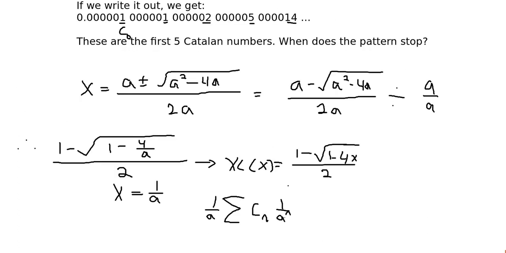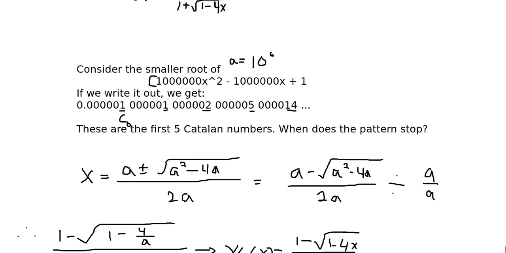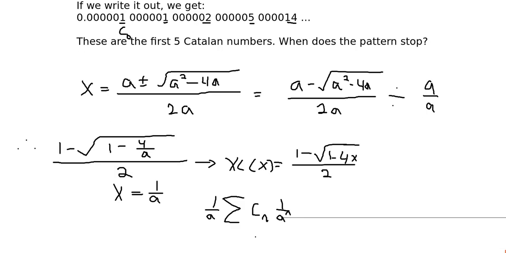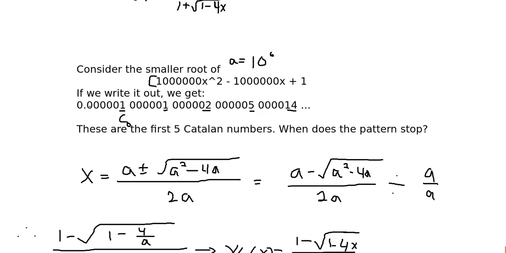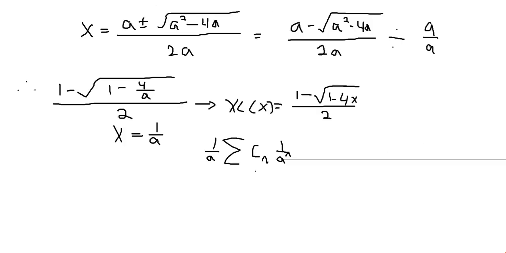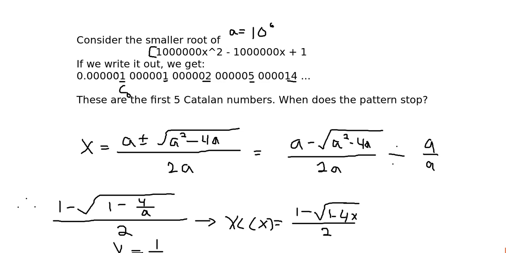And why is this important? This is important because 1 over A to the n is a power of 10. So what we're getting is these numbers.